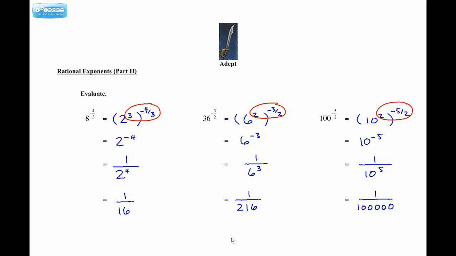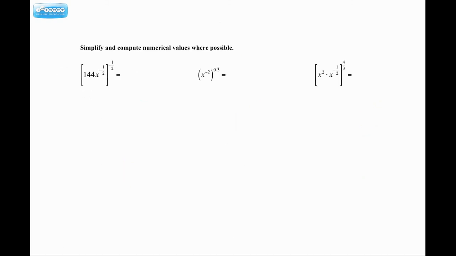Simplify and compute numerical values where possible. So here I have 144x to the power of negative 1/2, and then everything is being raised to the negative 1/2 again. So the one on the inside is only affecting the x. It has no effect on this 144.